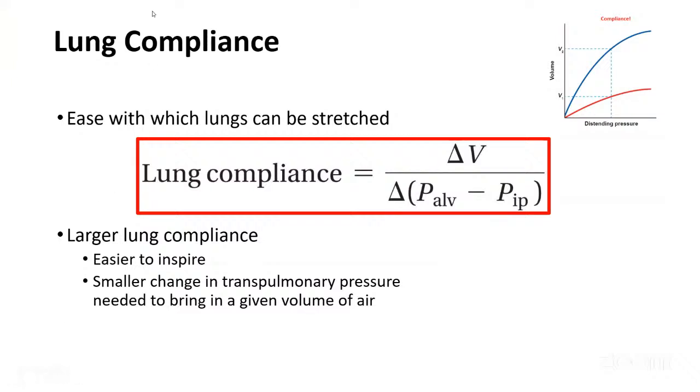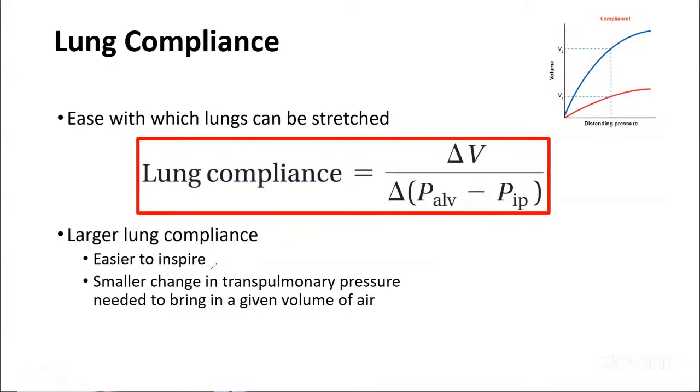So what we're doing when we're expanding a lung is we're trying to create a volume change, and we have to create a transpulmonary pressure, a difference in pressure, in order to expand that lung. So we could actually measure how compliant the lung is, and that compliance number would tell us about specifically that relationship between volume changes and pressures.